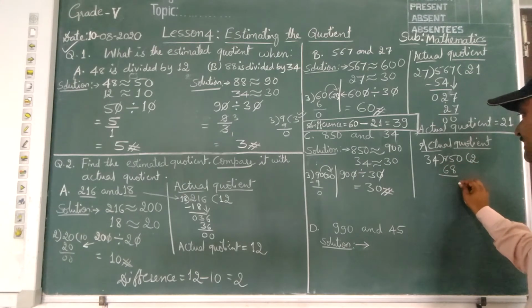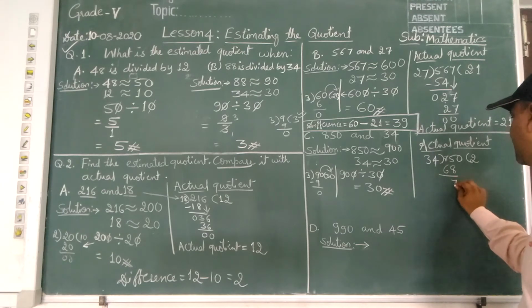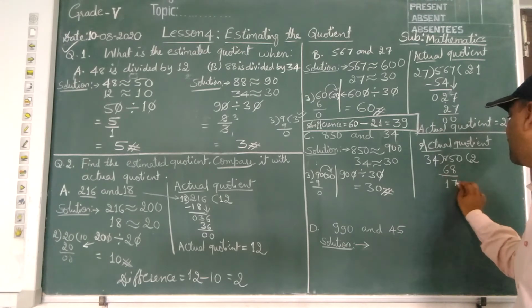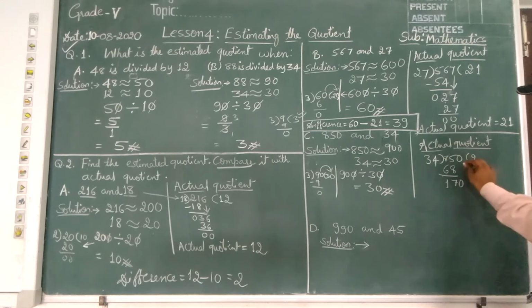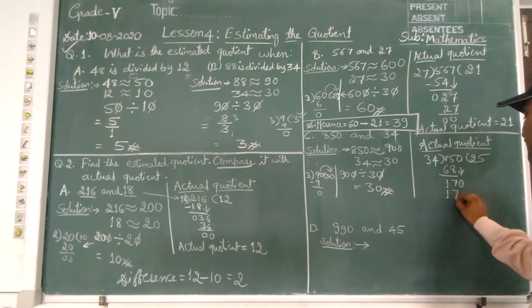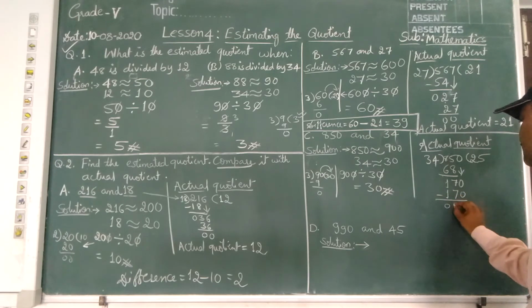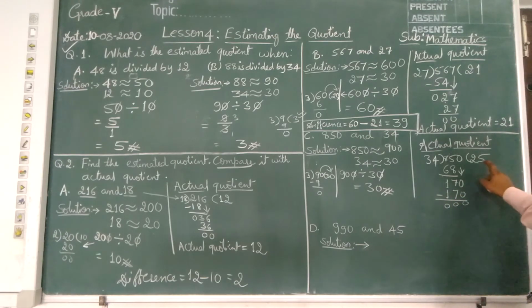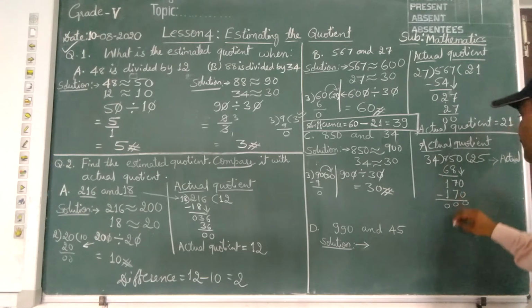So 15 minus 8 is 7. So 170. So 34 5s are 170, children. So this is what? This is the actual quotient.